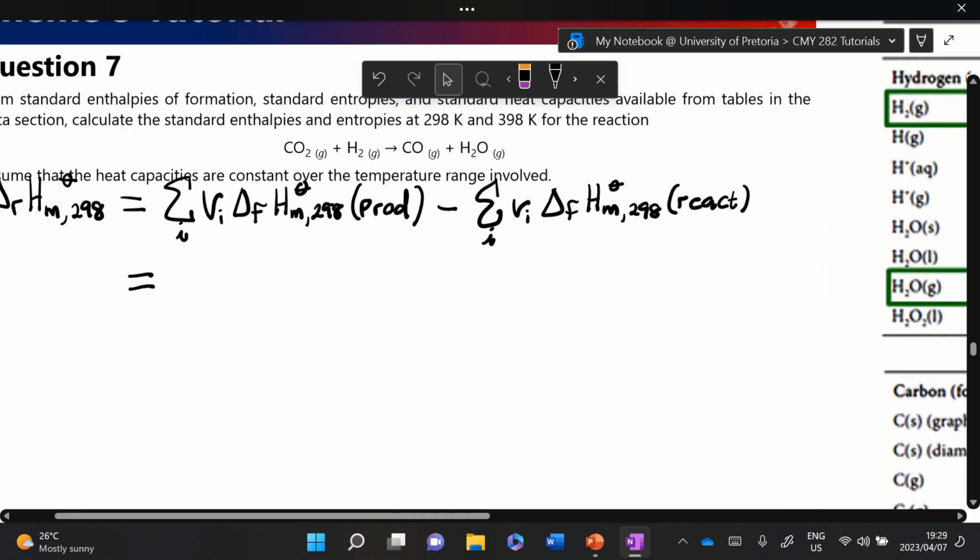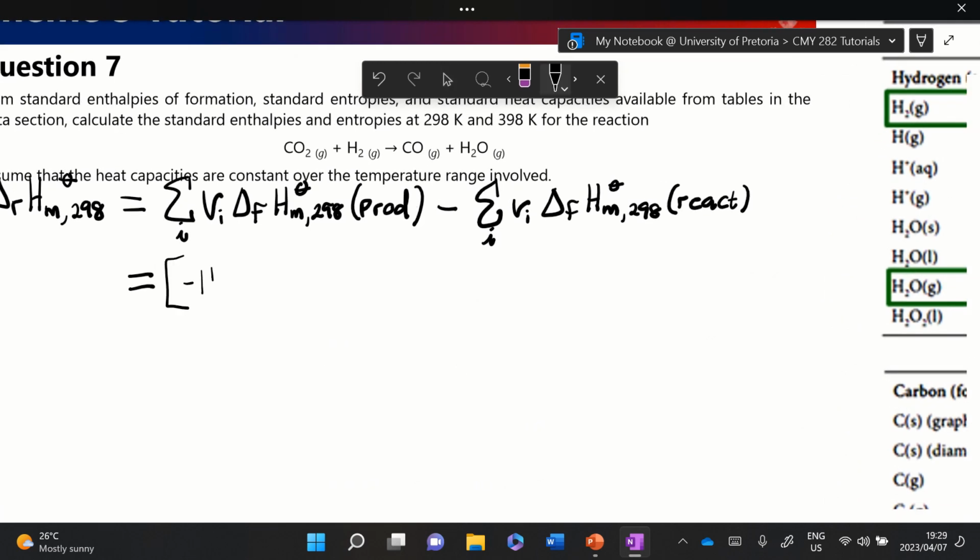Anyway, so we have here minus 110.53 minus 241.82 minus, of course, since carbon dioxide is a reactant, minus 393.51.